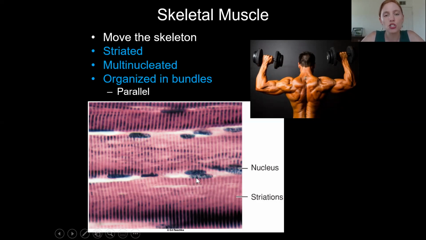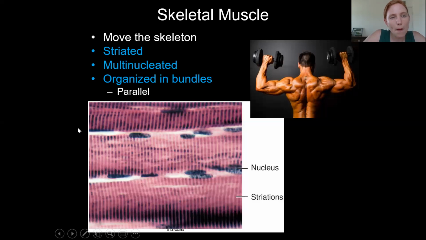Instead, it is pushed off to the side of the cell, and that's because there's a very highly modified cytoskeleton inside of the skeletal muscle that creates the shortening, that creates the contraction. Okay, so they're going to be just jam-packed with a bunch of cytoskeleton elements that we will talk about when we get to the muscular system. Okay, so we'll put a pin in that.